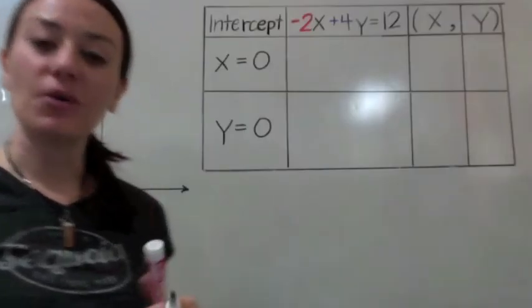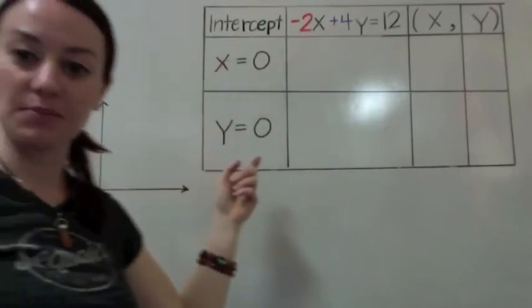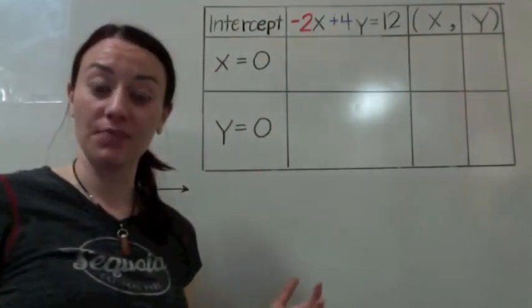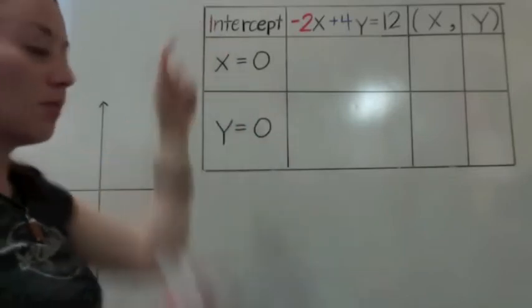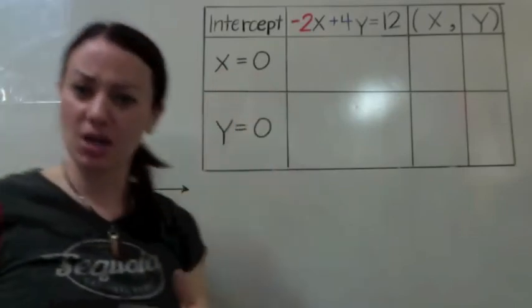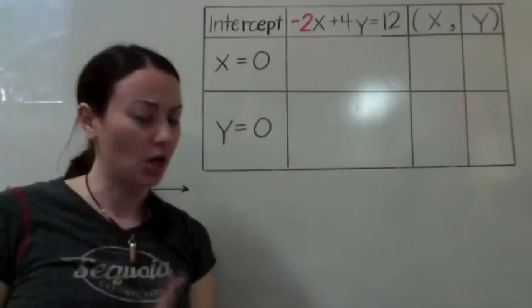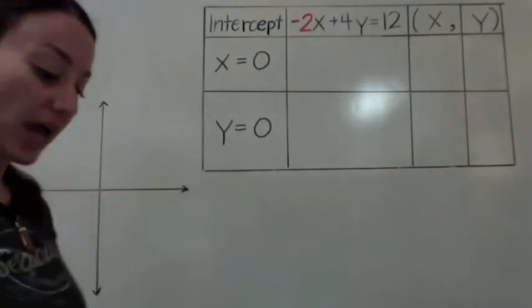So let's review how to use a linear equation and x and y intercepts to graph a line, okay? So you're gonna see a table like this, and then it says intercept, but don't be confused, because if x is 0, am I talking about the x-intercept? No. If I don't want x, I want y, okay?